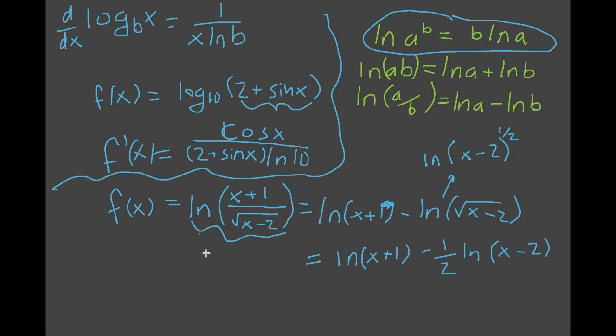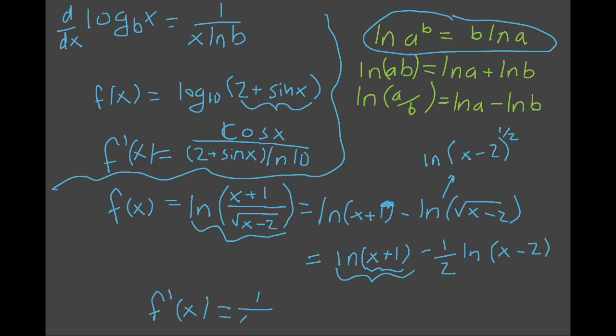Now when we take the derivative of this function, it's going to be our f prime of x is equal to, well, we know by natural logs we're going to have 1 over the inside, so our outside, multiplied by the derivative of the inside, which would just end up being 1 anyway.